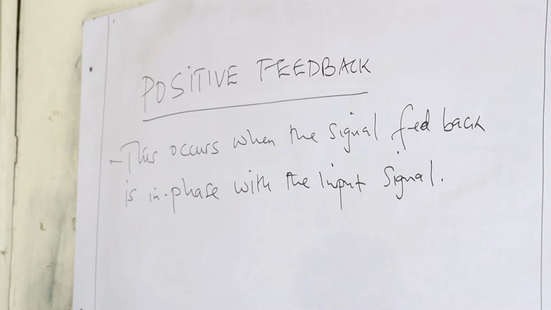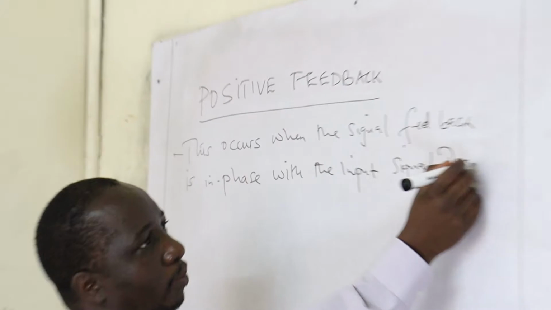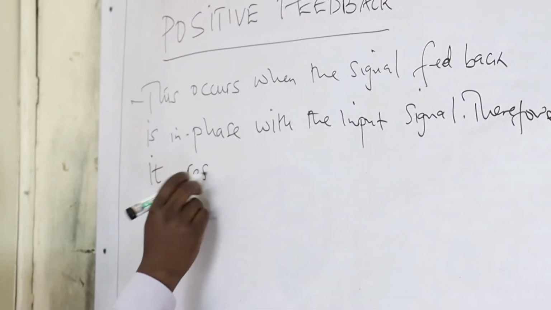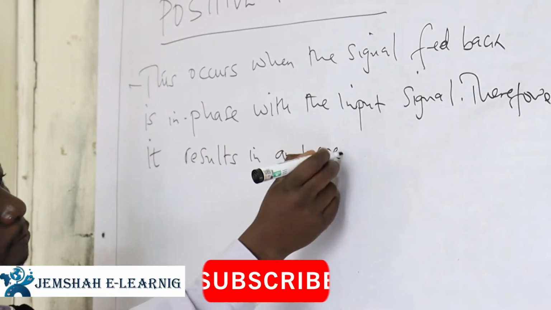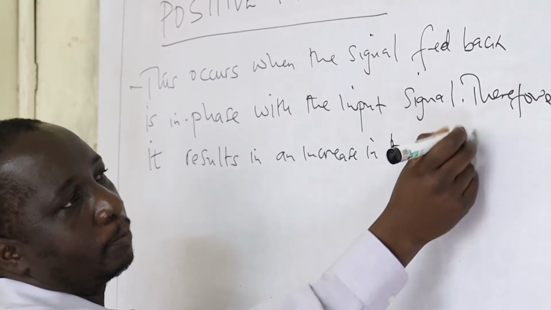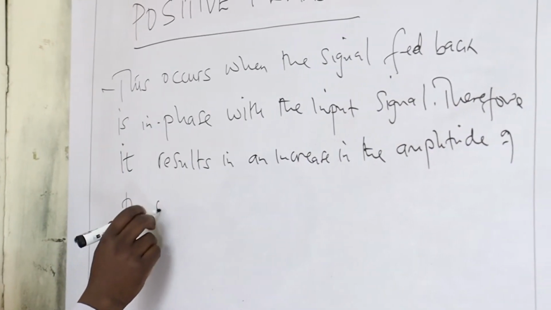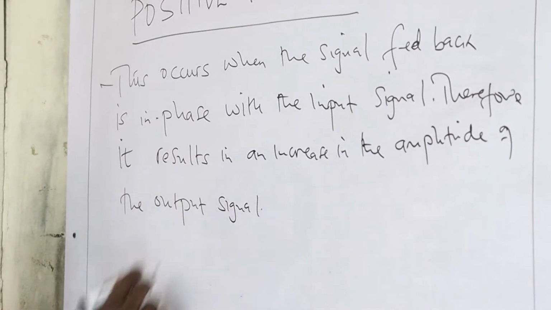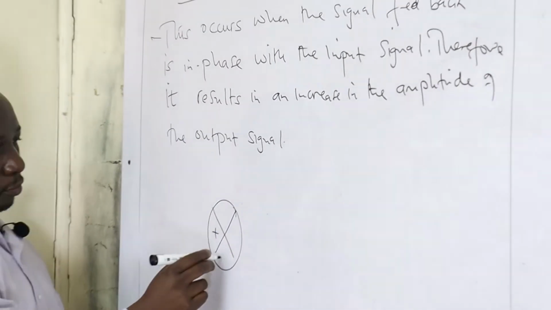Therefore, it results in an increase in the amplitude of the output signal. So we can now have a sketch of positive feedback.